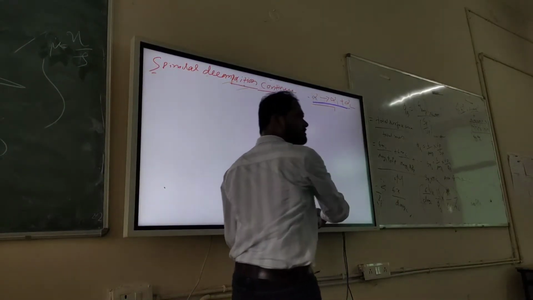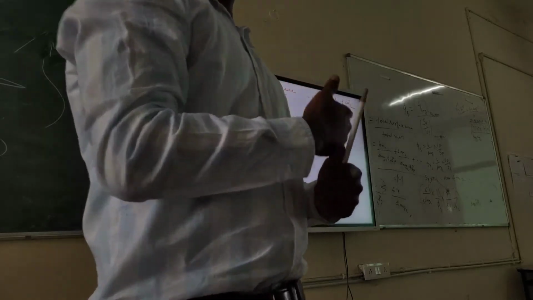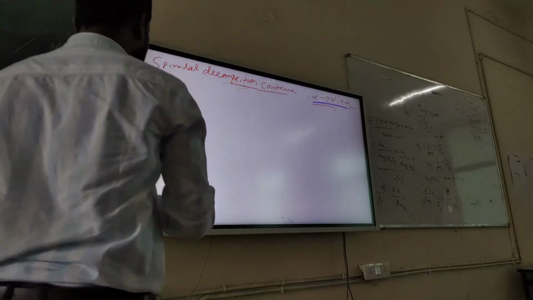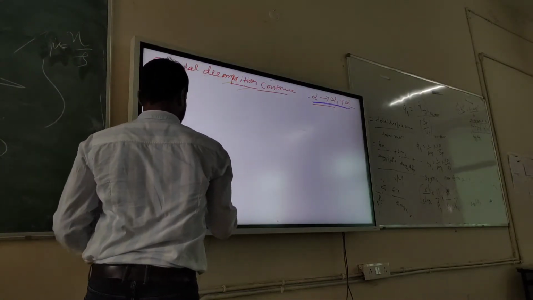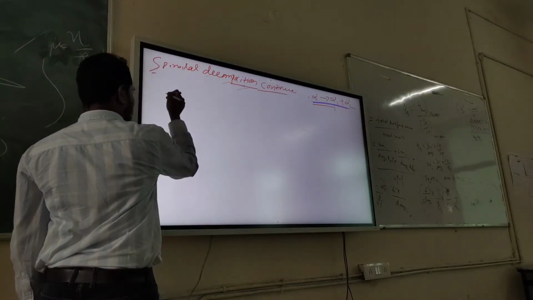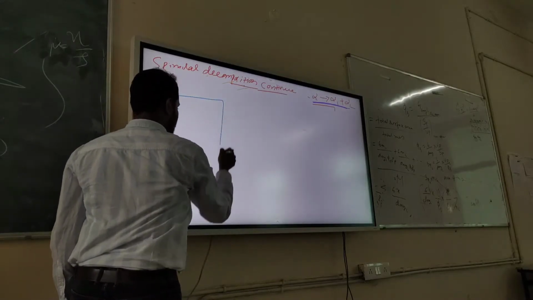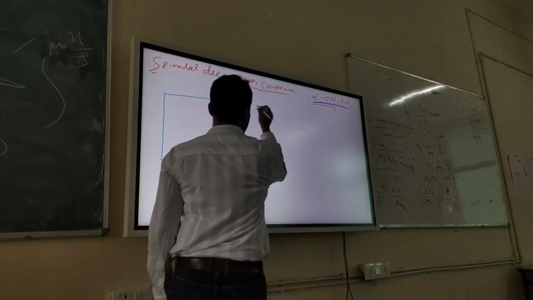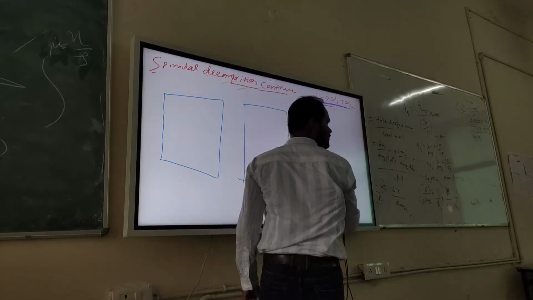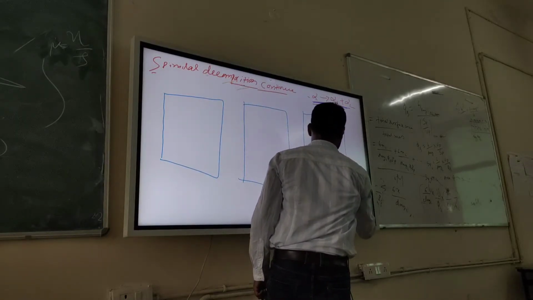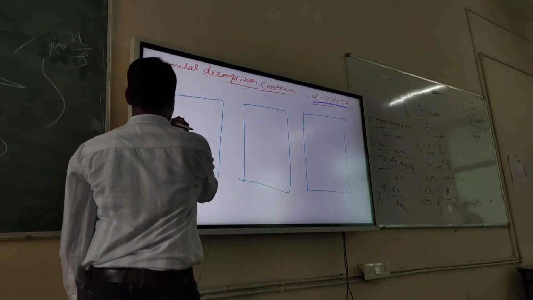So everything comes from this delta H mix, right here. It may be 0, it may be positive, it may be negative. Okay, you tell me now, suppose I draw 3 phase diagrams.